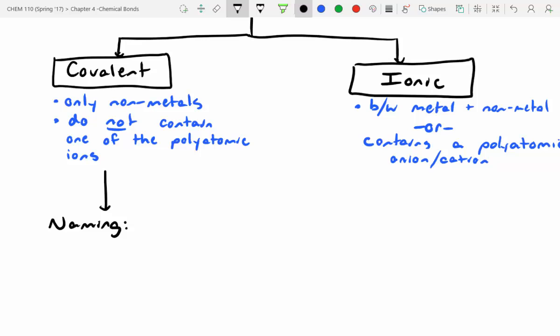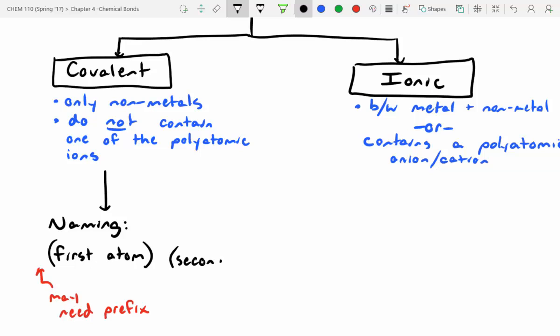So it's your first atom. And you may need a prefix. Second atom with an IDE suffix.